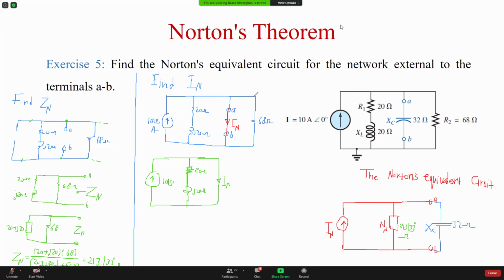Why? This is shorted. Look at the terminals here. There is a short circuit across them. Now the same thing. These two, they're shorted, so the circuit will be like this.